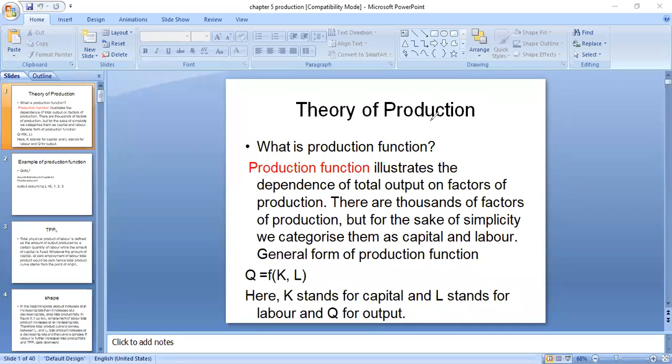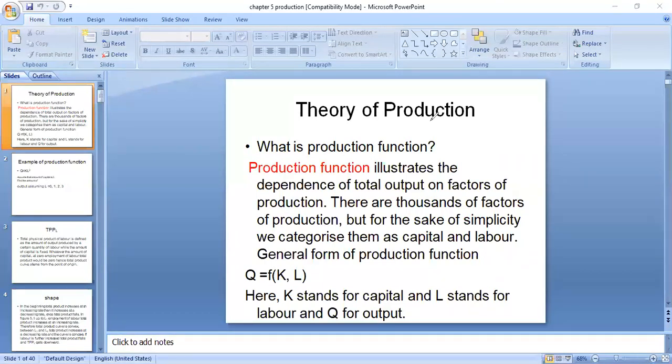First of all, the production function illustrates the dependence of total output on factors of production. That means there are thousands of factors of production, but for the sake of simplicity, we are categorizing all the factors of production under two umbrellas, capital and labor.